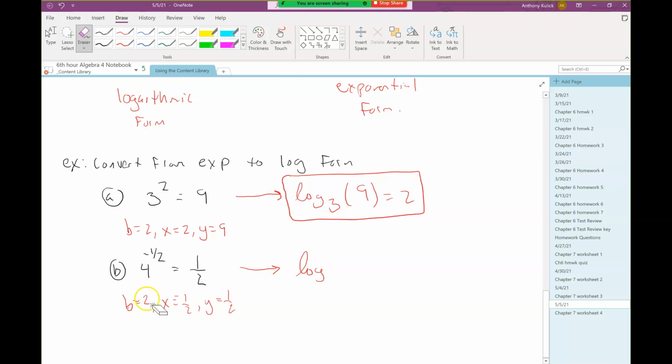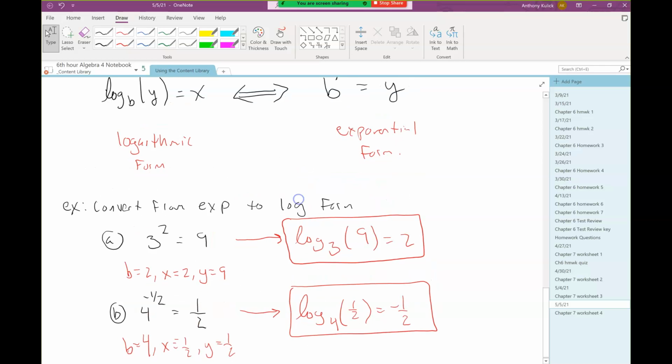Oh, I'm sorry, my base is not 2. Goodness gracious. So log base 4 of 1/2 is equal to negative 1/2. I'm just using this rule up here to put the b, x, and y in the right places.